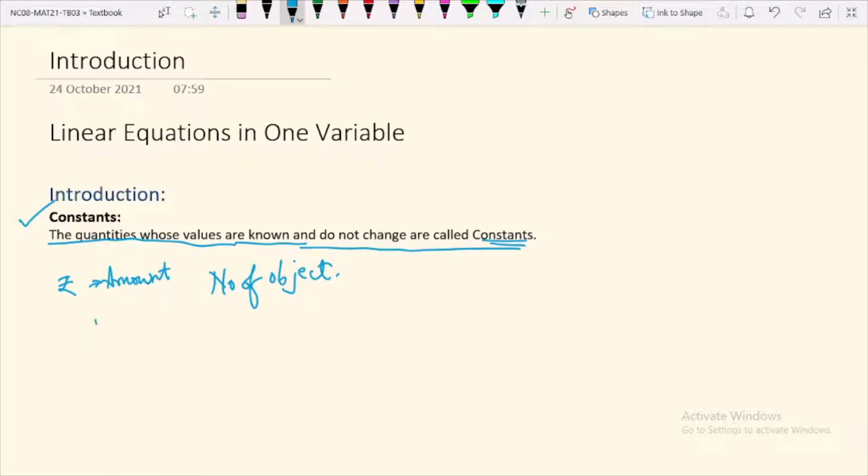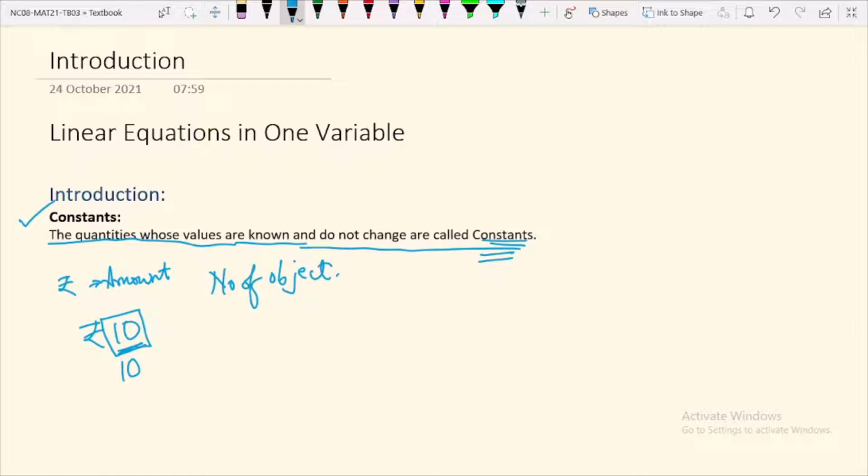For example, if I say give me 10 rupees, you know the value of 10 rupees, and this value will not change. It will be fixed at 10 rupees. So the number 10 is called a constant.